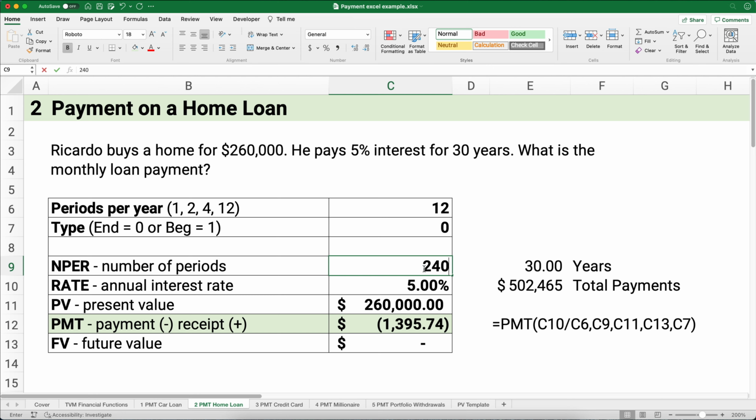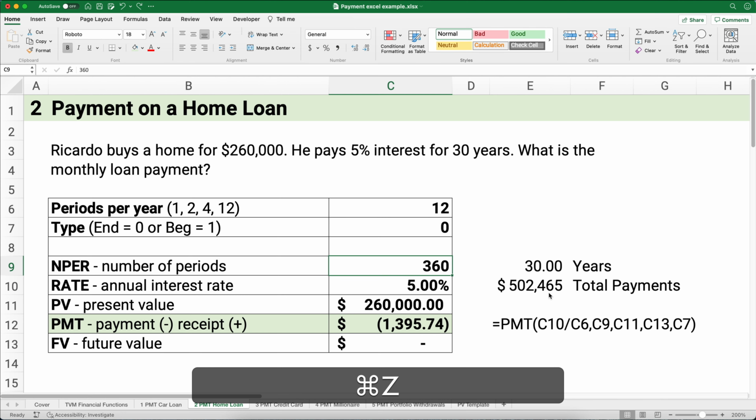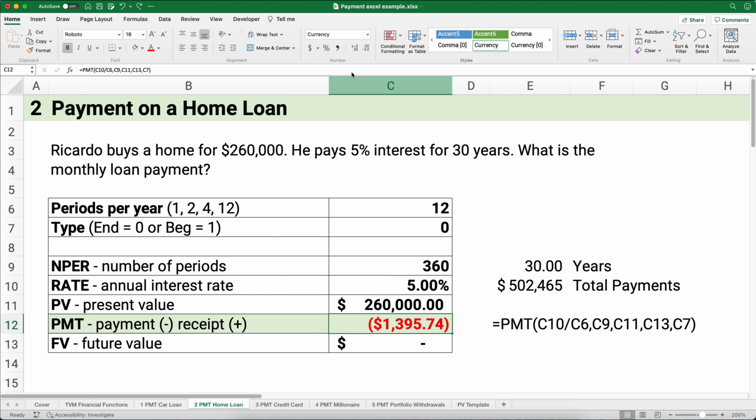So make this 240, and the payment goes up to $1,715, but the total payment, since you're only paying 240 of those, the total payments go down to $411,812. So you save about $95,000 by paying off 20 years early. So it was 502, and you would save a lot of money if you did it over 20 years. So you can calculate that.